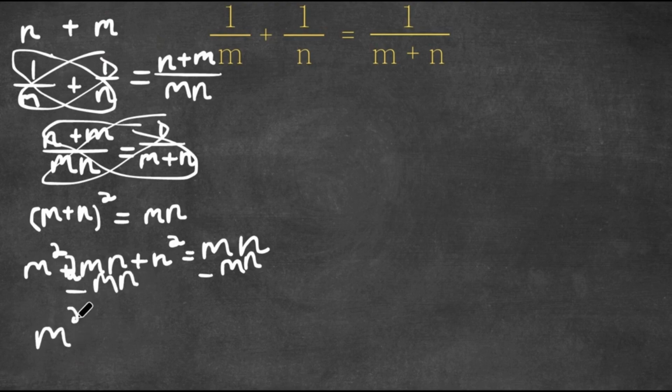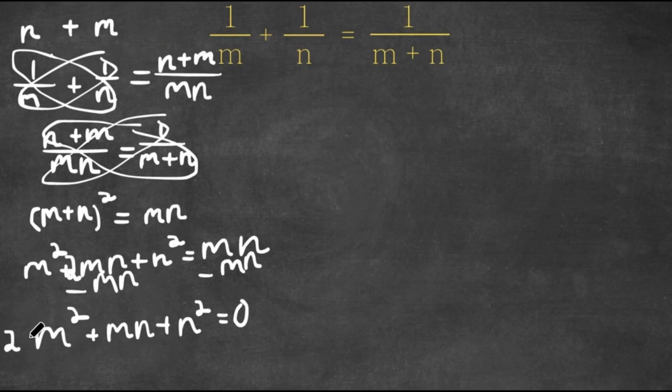So we get m squared plus mn plus n squared is equal to 0. Now I'm actually going to multiply both sides by 2.